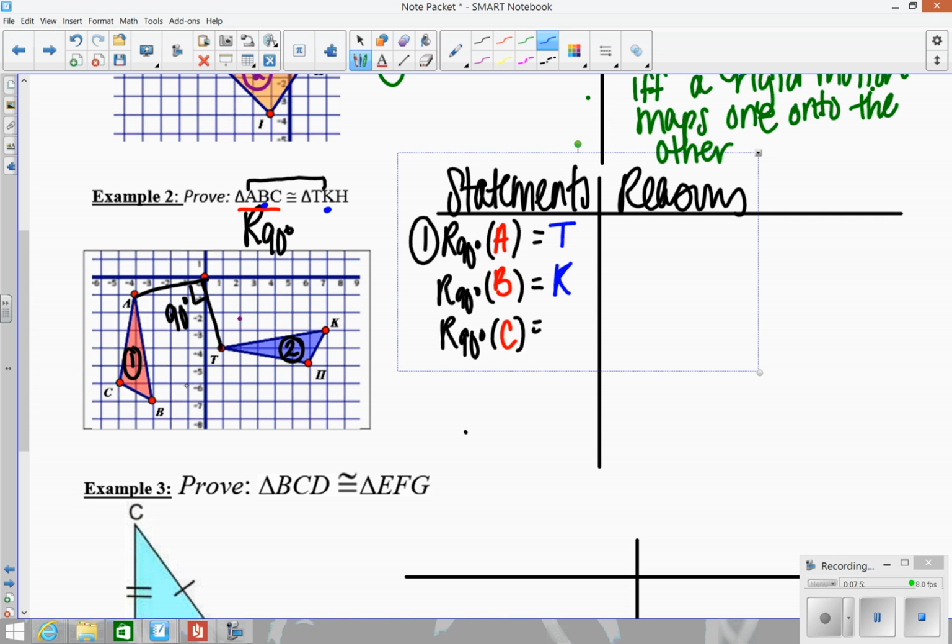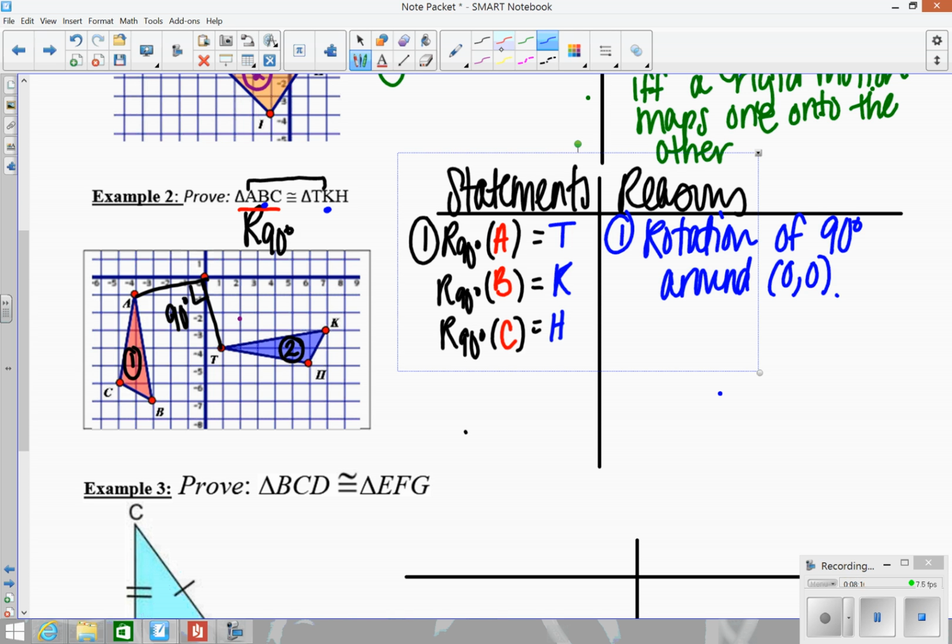And then C and H. So again, you should see a 90-degree angle. So the reason for this is I just did a rotation of 90 degrees around the origin. So you don't have to write 0, 0 because it's just assumed if it's not listed there.